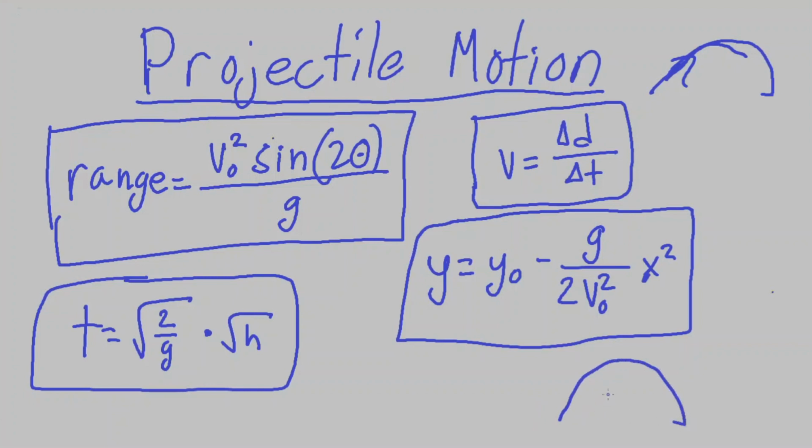If you remember on a graph, that type of shape would be an upside down parabola, which is why we have a negative and then we have an x squared here. And all of these values, the initial velocity, gravity, and then the initial y, are going to give us the coefficients and basically the rest of our parabola.